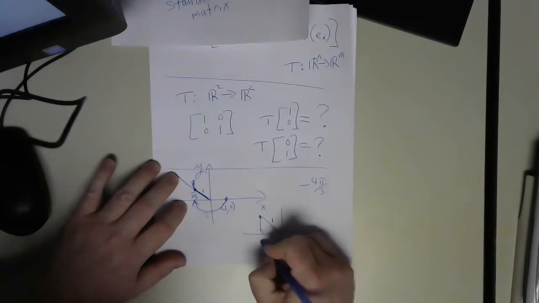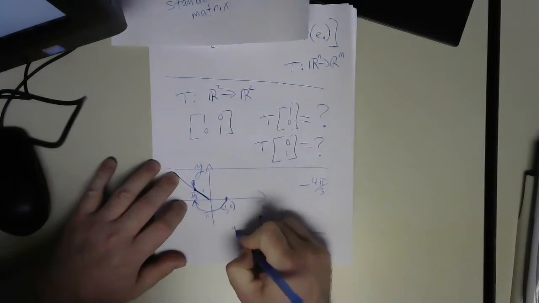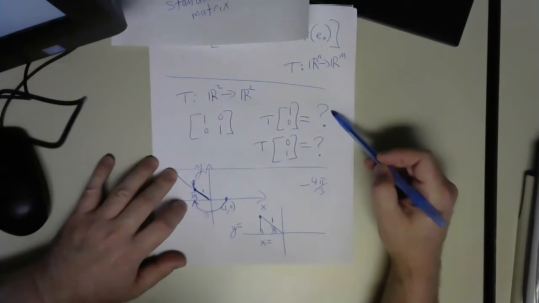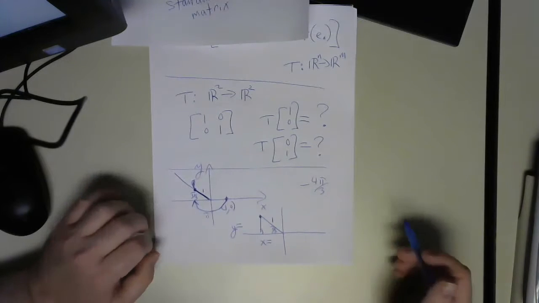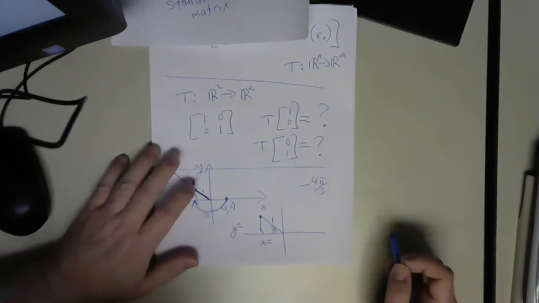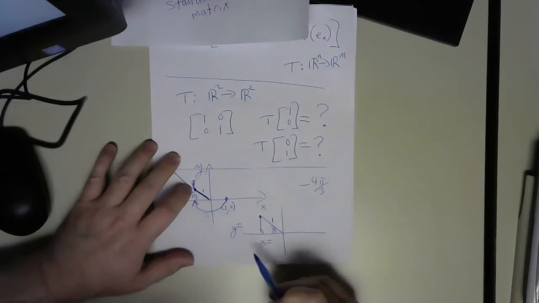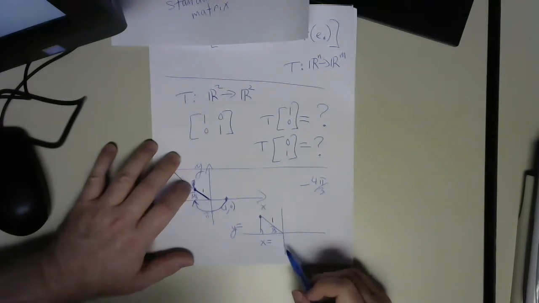All right, so what is x and what is y? If we can find that x and that y, we'll have this right here. It'll be the coordinates of the image of that rotation. Okay. Well, you might remember in general, r cosine theta is the x-coordinate if your hypotenuse is r and your angle is theta.